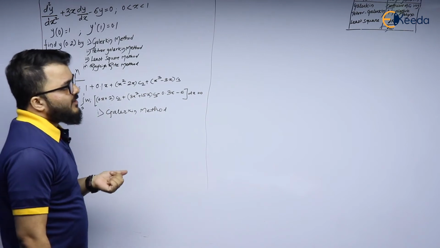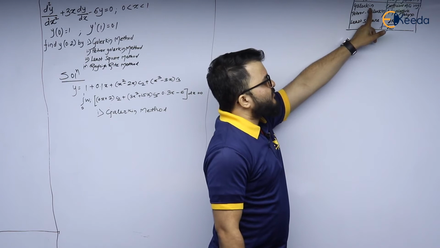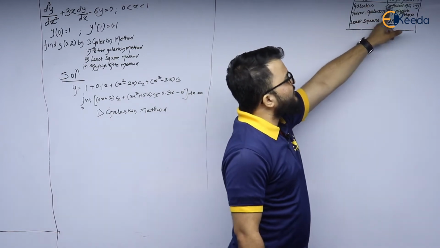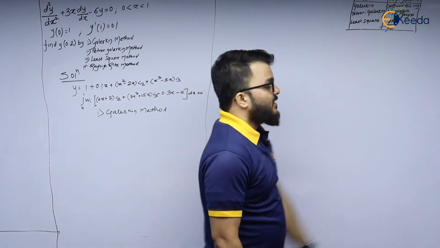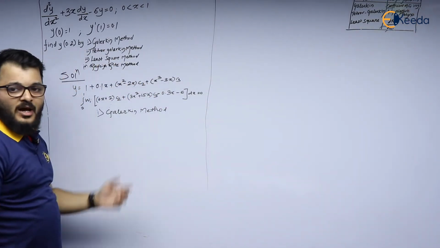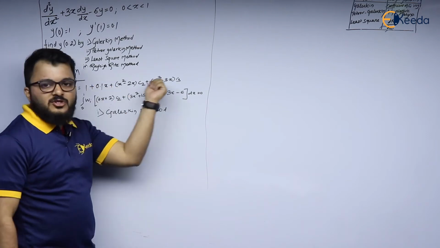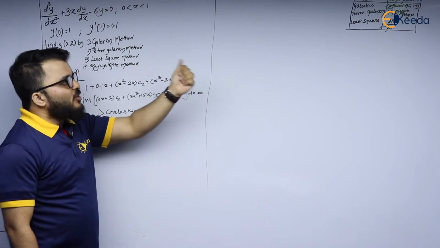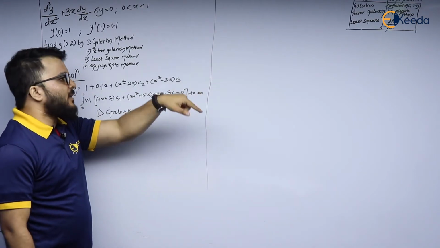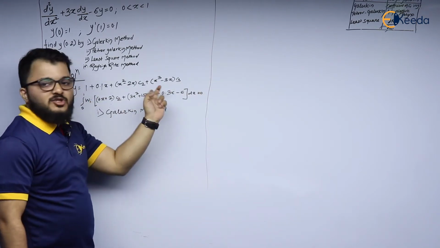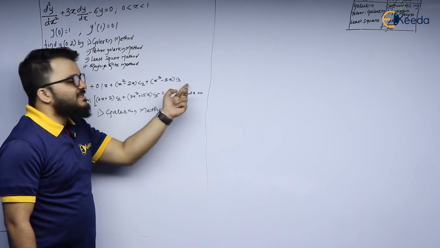What is wi? If you see this table, for the Galerkin method the weight function required is the coefficient of ci in y. y is our approximate polynomial equation. ci is our parameter. In this approximate polynomial I get two parameters, C2 and C3.